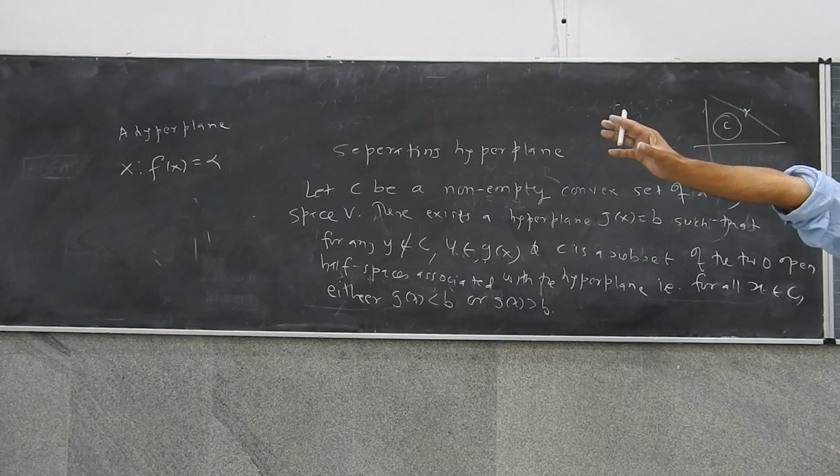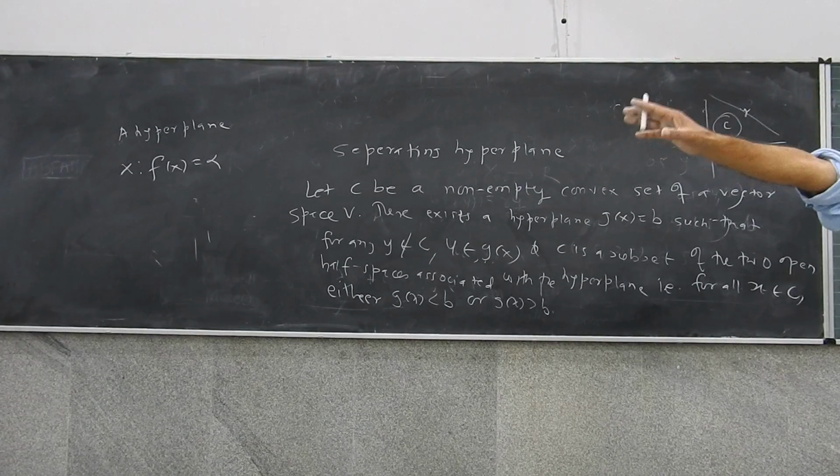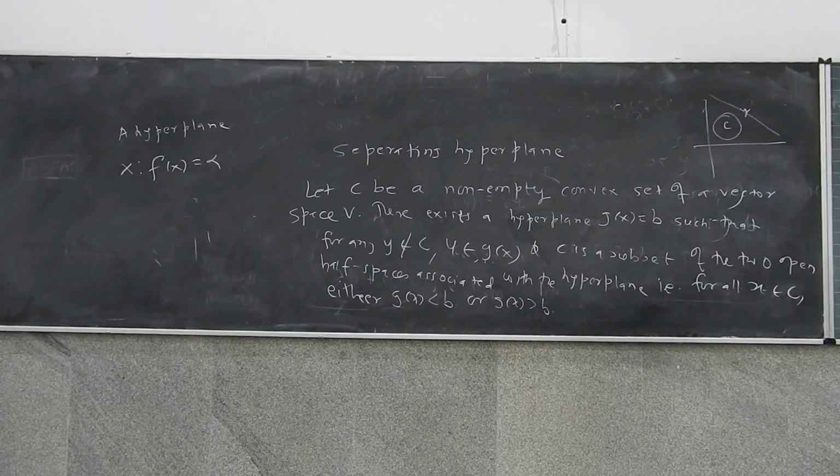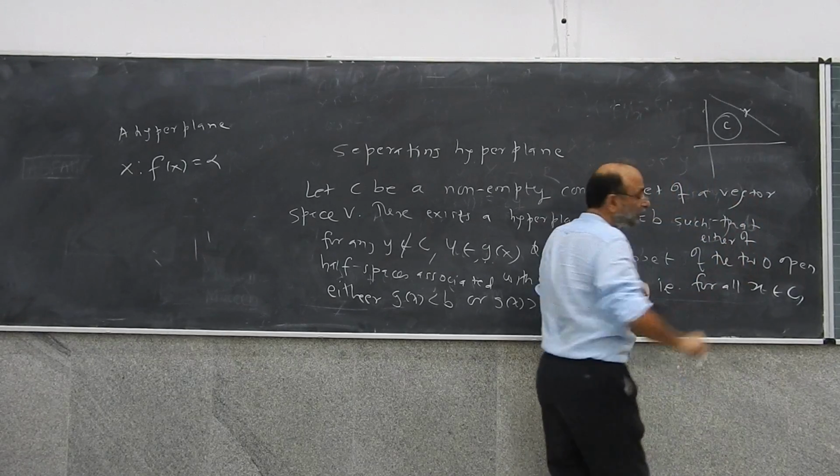So if you think of the set of all points which are mapped into that constant, Y will belong to it, and that will define two subspaces. C will belong entirely to one of the subspaces. So the definition says C is a subset of the two open half spaces with the hyperplane, that is, a subset of either of the two open spaces.